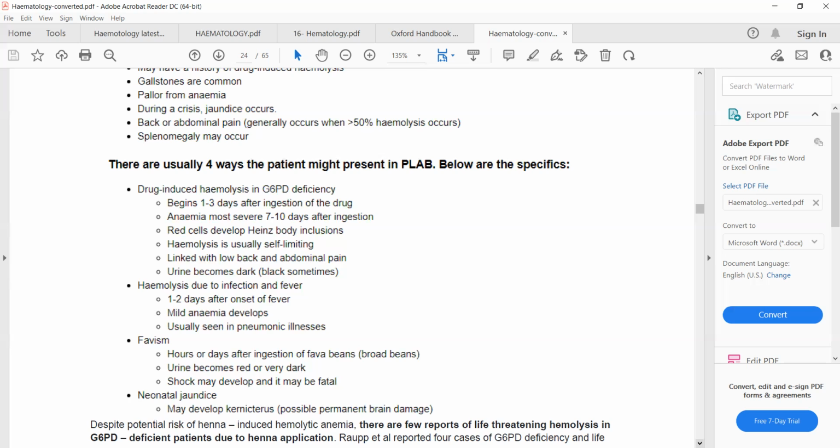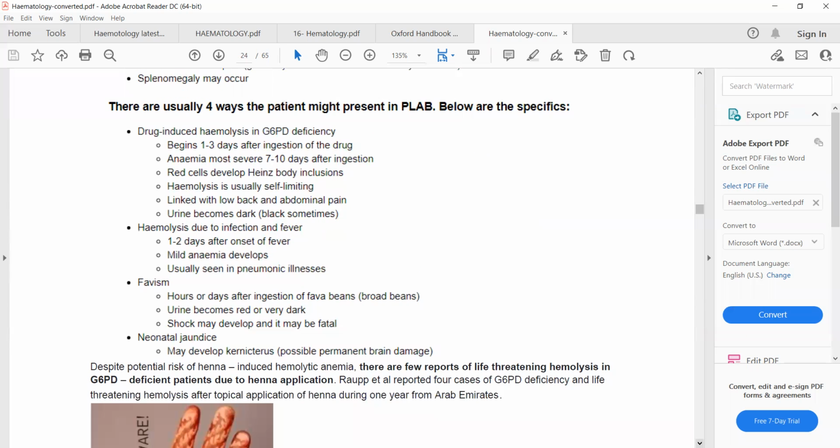So these are the four types of scenarios which can be asked about G6PD deficiency in the PLAB 1 exam. Now, what is the initial investigation in case of G6PD deficiency?